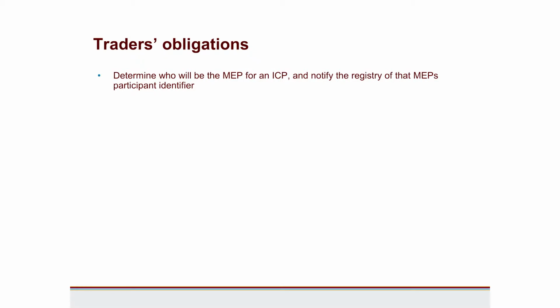The other thing that retailers also do is determine who will be the metering equipment provider for an ICP. So it's the retailer who decides who will provide the metering for an ICP. So retailers can, at will, for any particular reason, put a new metering equipment provider on an ICP.